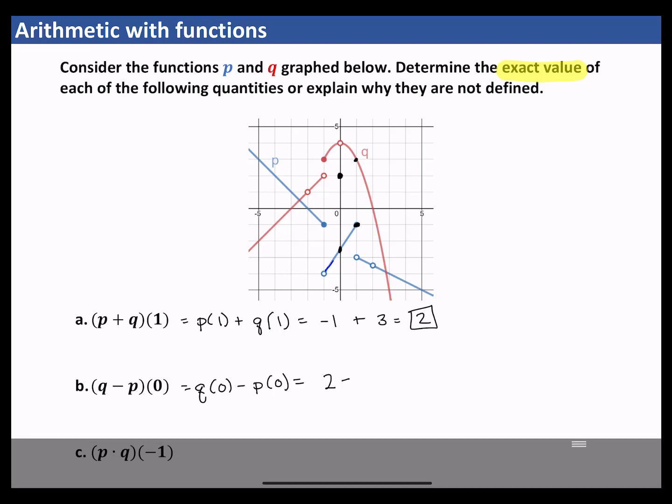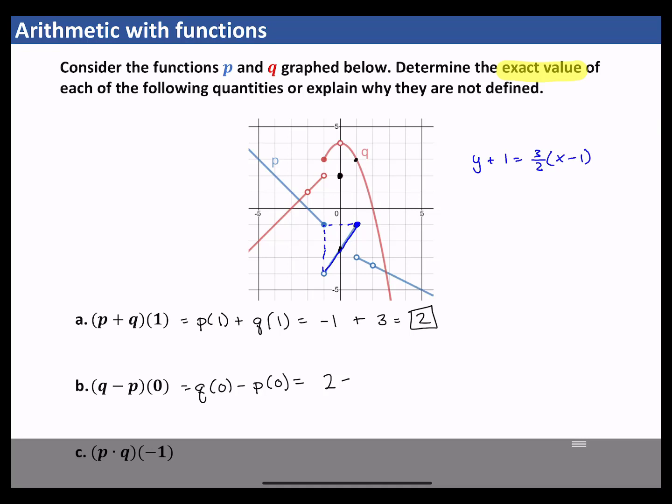We want to go ahead and find the equation of that piece of p. So we notice it has a slope of 3/2, and it goes through the point (1, negative 1). So in point-slope form, we would have y plus 1 equals 3/2 times (x minus 1).